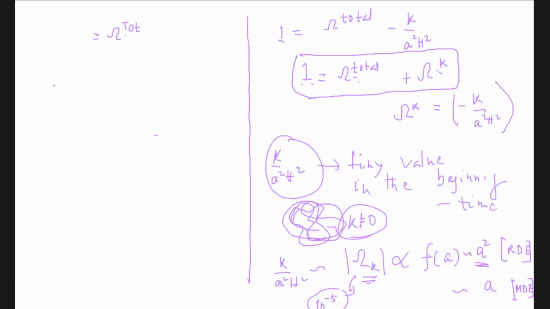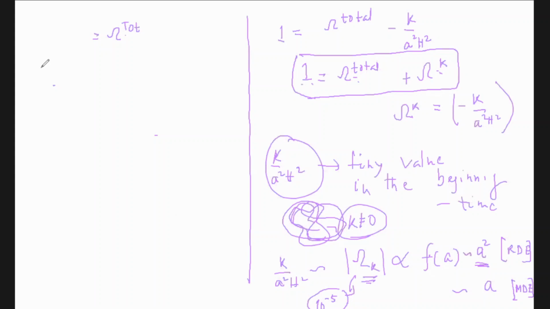Shruti, Gauri, Priyanka, I never hear your voice. Is the scale factor increasing or decreasing in the universe? Increasing, sir. So that means if you start with a small value of omega k, it will become bigger or smaller as you wait more and more? From this equation, it will increase.